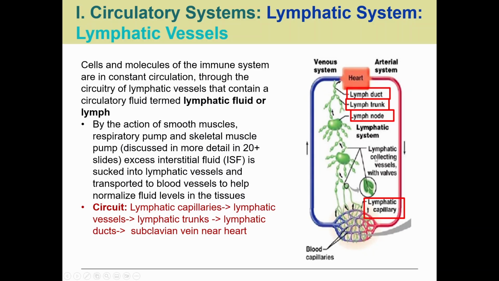We have these collecting vessels, and these valves so that they move in one direction only. So we're taken up by lymphatic capillaries, we move through a lymphatic vessel, we make our way to a lymphatic trunk, a duct, and then back into the bloodstream. Like in the subclavian vein near the heart, we have two different ducts on either side where we can push lymph fluid back into the bloodstream.